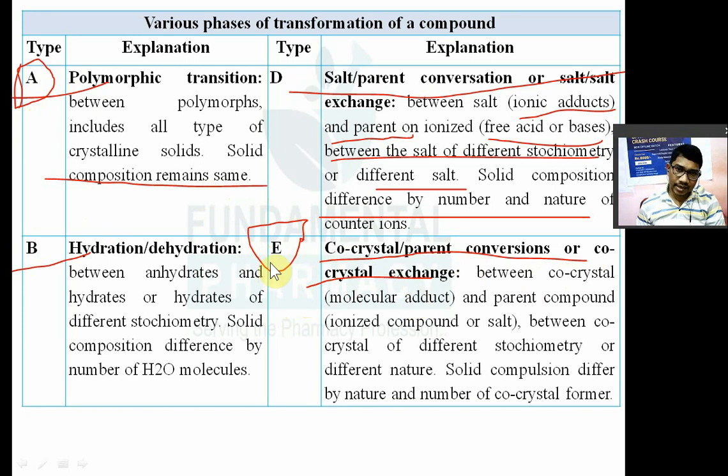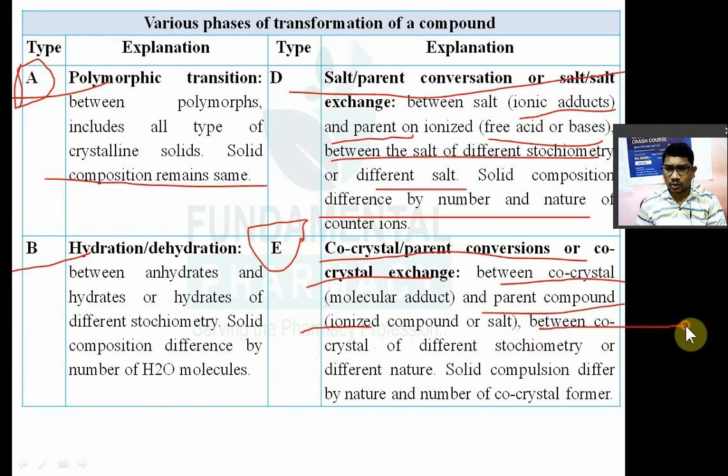Now in this phase E of molecular or compound transformation, it is a transition between co-crystal, meaning molecular adduct, and parent compound. The parent compound is an ionized compound or a salt, and the molecular adduct is a co-crystal.